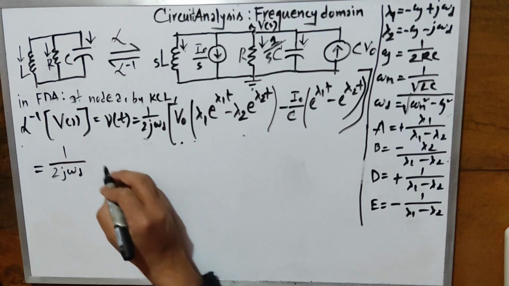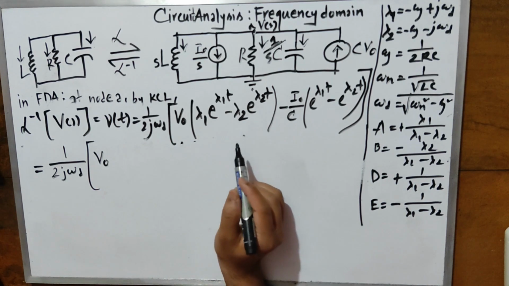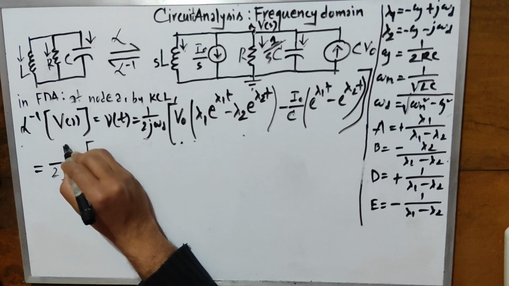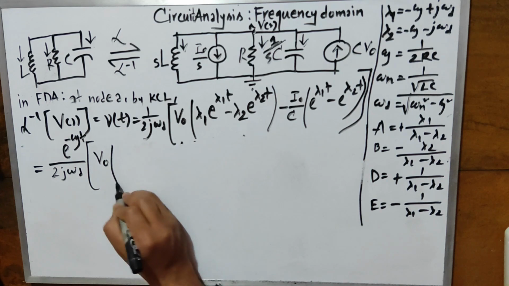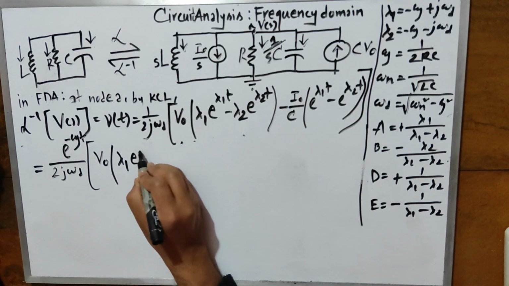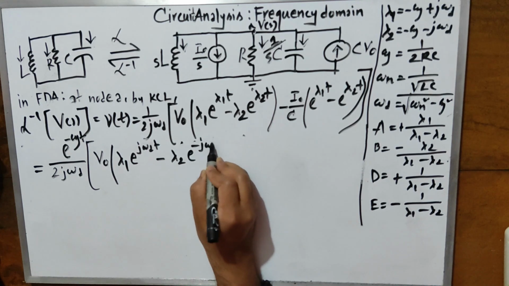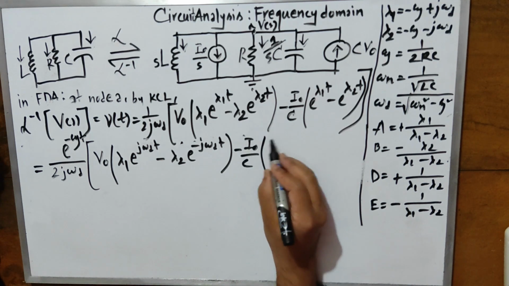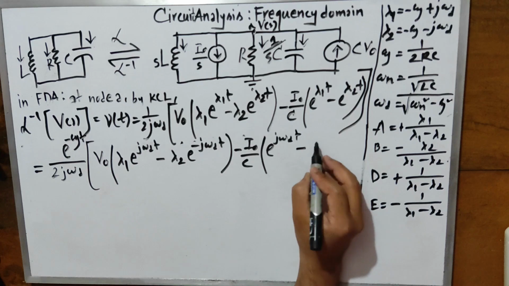2j omega d. So V0, I'm taking e to the power minus psi t, or zeta t, common out, so I'm writing it here. Now lambda 1 e to the power j omega d t minus lambda 2 e to the power minus j omega d t here, minus I0 by C, this will be e to the power j omega d t minus e to the power minus j omega d t.